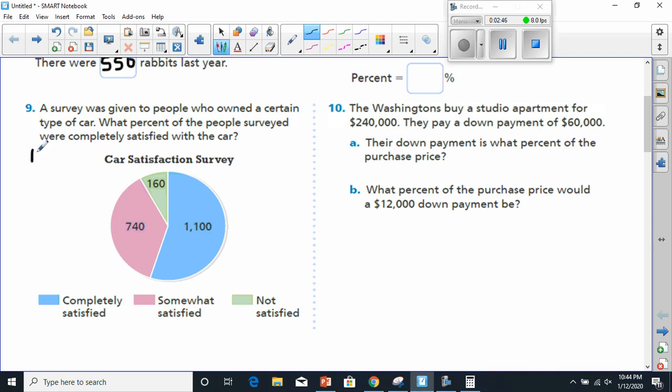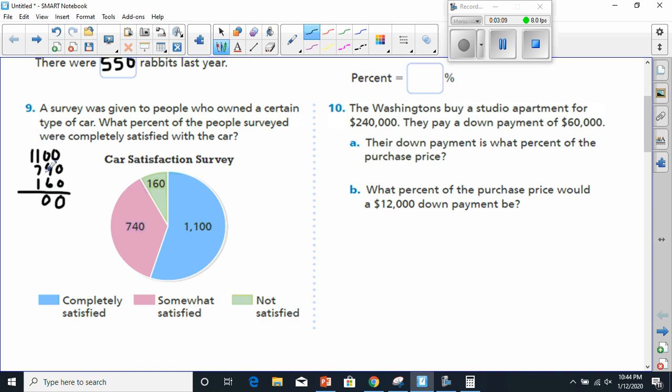We've got 1,100 representing the light blue, completely satisfied. We've got 740 representing somewhat satisfied, and we've got 160 representing not satisfied. Those are the total amount of people that were asked.